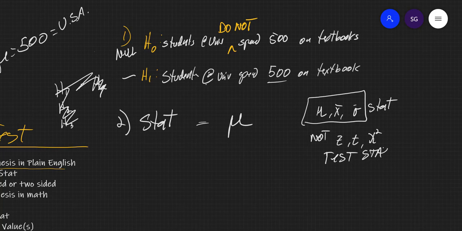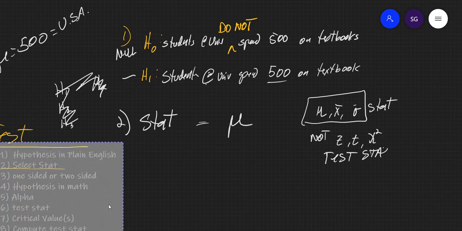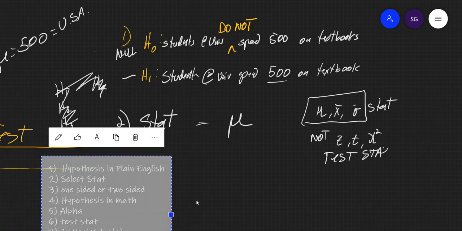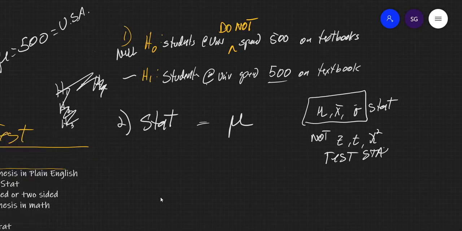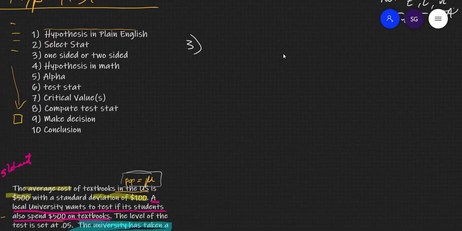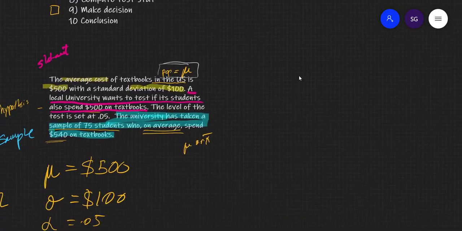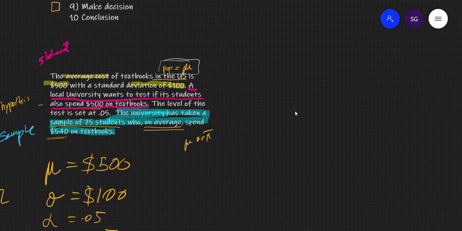All right, number 3 asks the question, is this one-sided or two-sided? Number 3, is this going to be a one-sided test or a two-sided test? Well, when we go back to our question, the best way to do this is, am I looking for different, or is there a greater than, less than?